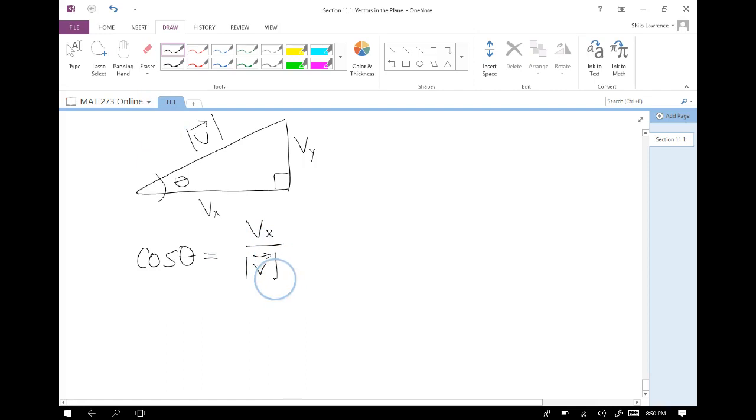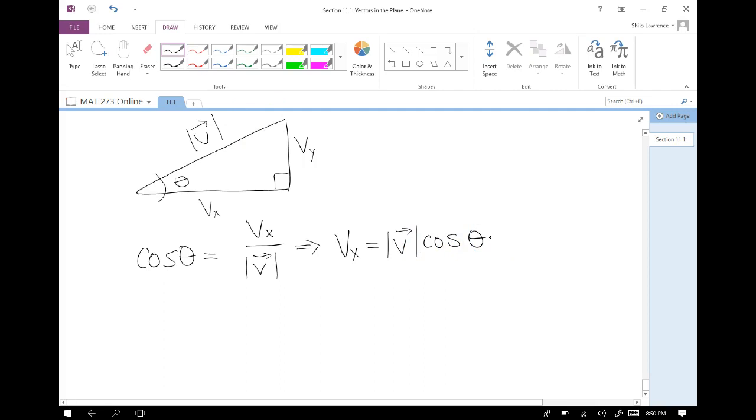But this is not the formula we're going to use. We're using this for the sake of solving for v sub x. So to solve this equation for v sub x, I have to just multiply that magnitude over. So v sub x is the magnitude of your vector multiplied by the cosine of the direction.